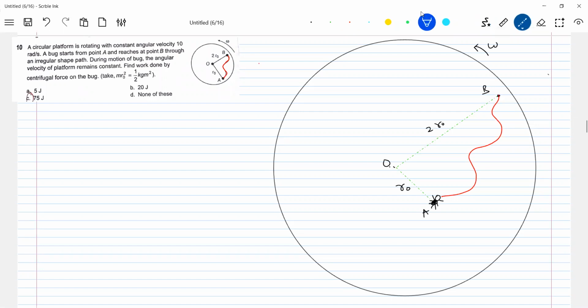How will the force be acting? Is the direction of the force here, no? Now, what are those blue color dotted lines? The direction of force. Everywhere, the centrifugal force will be acting in that direction.